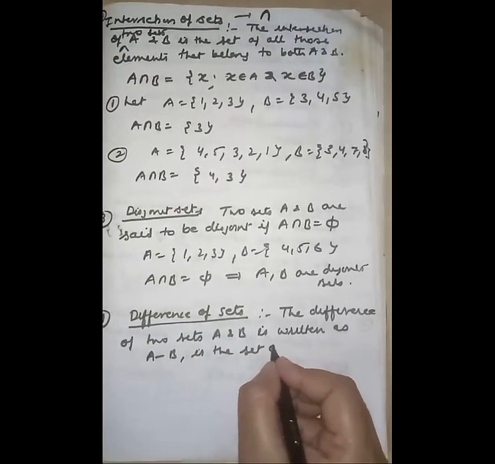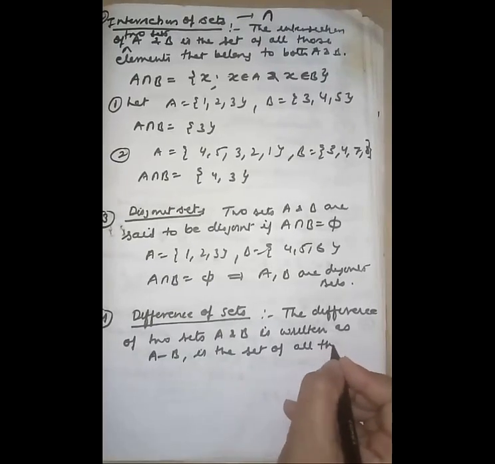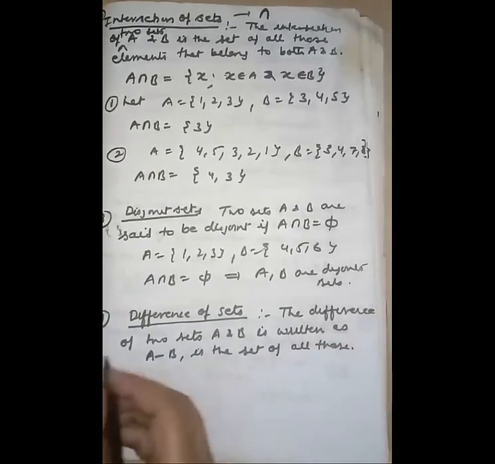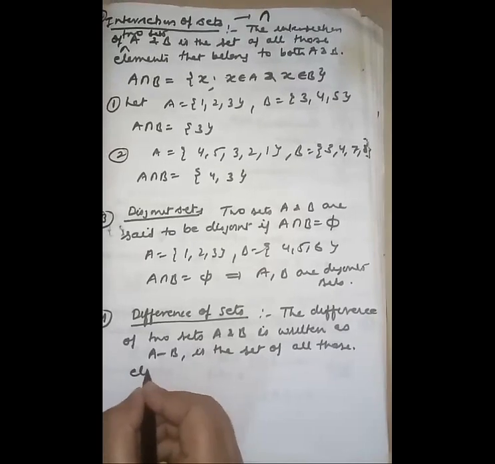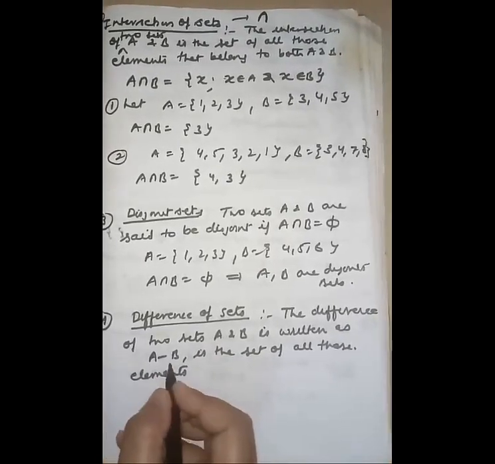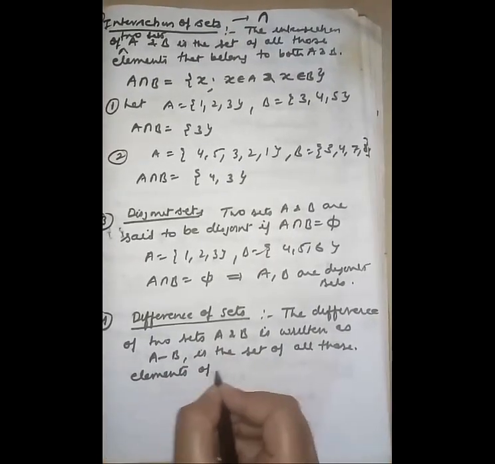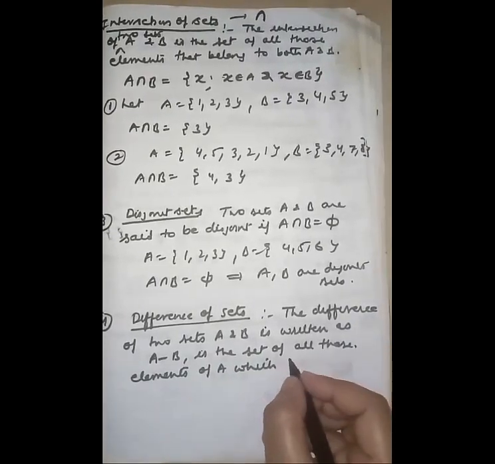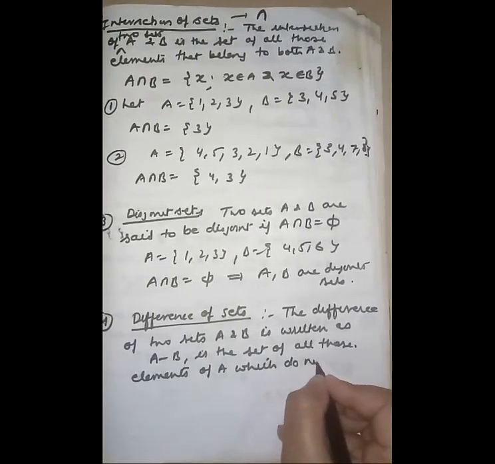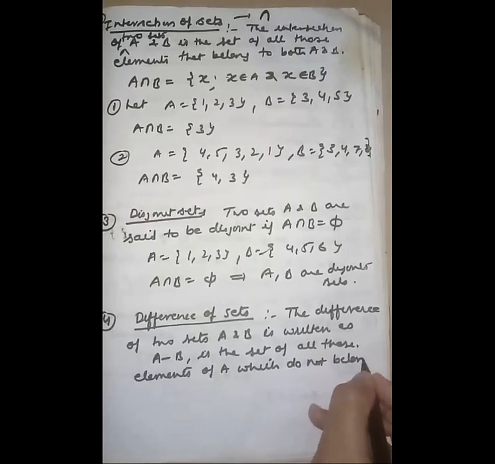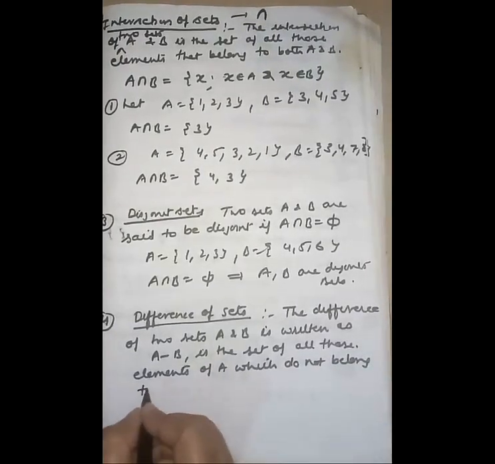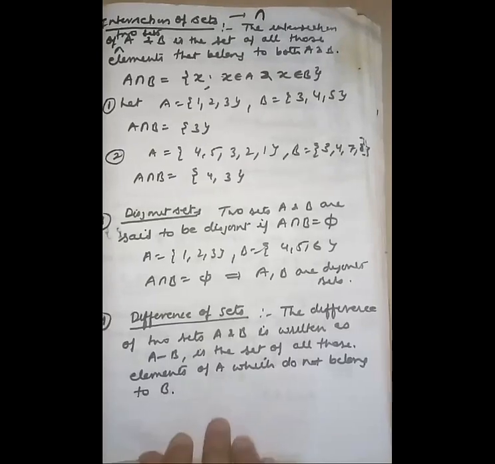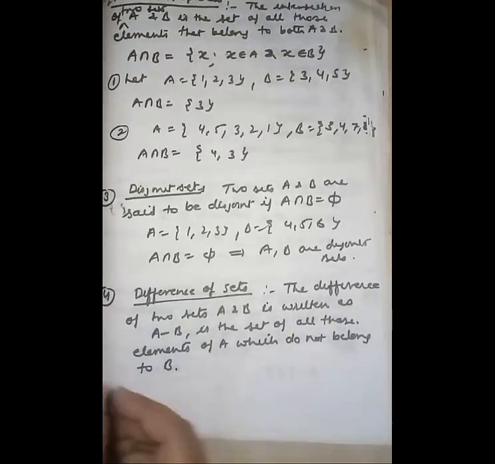set of all those elements of A which do not belong to B. So it's defined now.